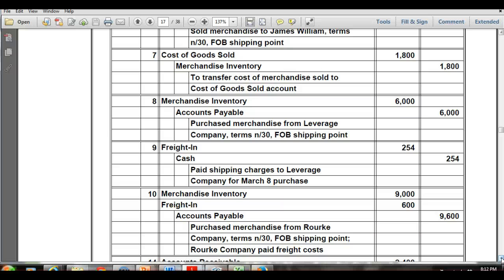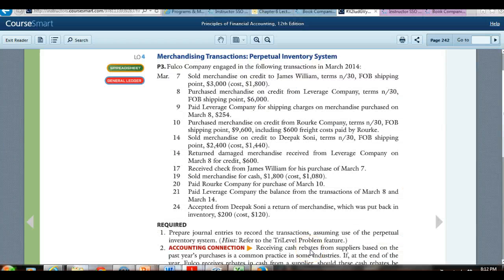Next, it says to us, we purchase merchandise on credit from Rourke Company. Terms net 30, FOB shipping point, for $9,600, including freight costs paid by Rourke. So this one's a little tricky. The $9,600 includes $600 of freight cost, okay?